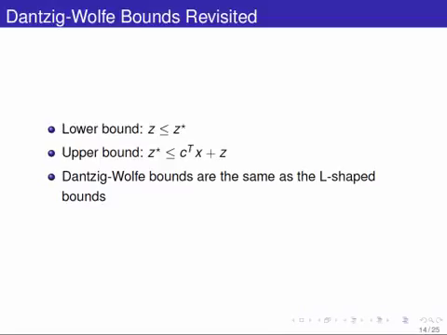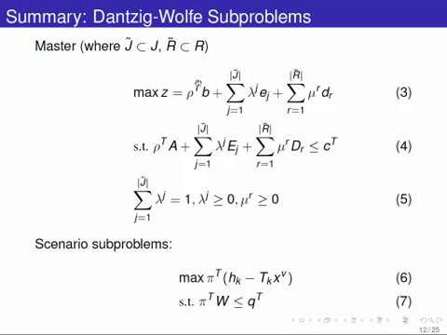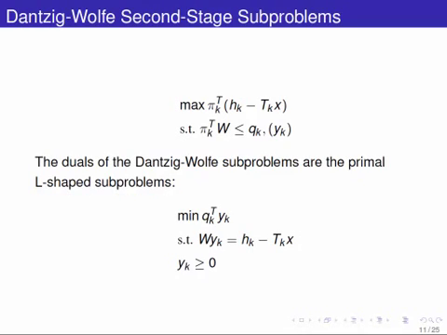Well, the upper bound we get in the L-shaped method is, Z here corresponds to this guy.